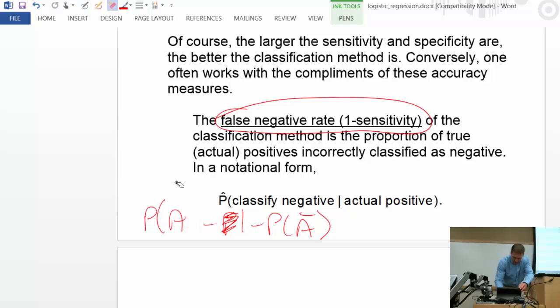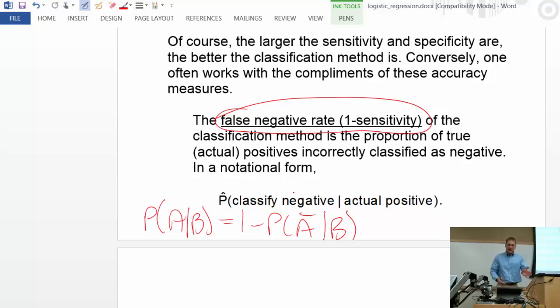Also, we can think of it in terms of conditional probabilities. You should have seen this too. So the probability of A given B is equal to 1 minus the probability of A complement given B as well.